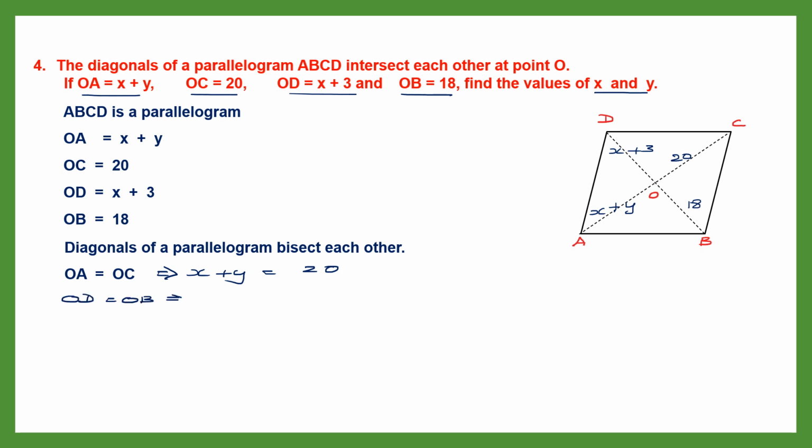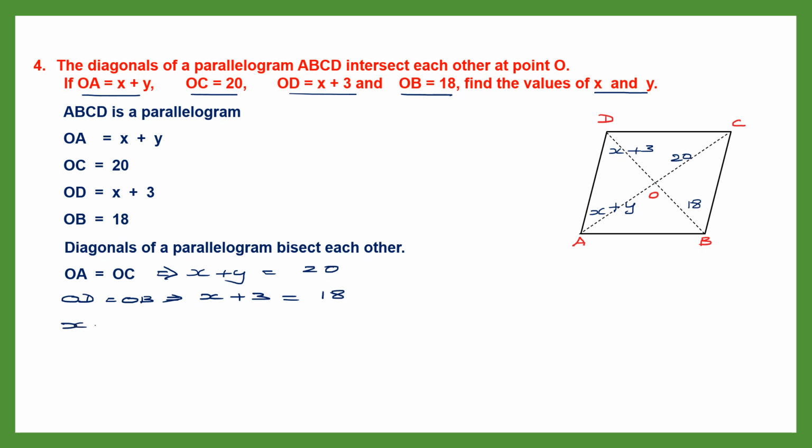Now OD is x plus 3 and OB is 18. So x plus 3 is equal to 18. With the help of this equation, we can find the value of x. And once we find the value of x, we can substitute it in the other equation and find the value of y.